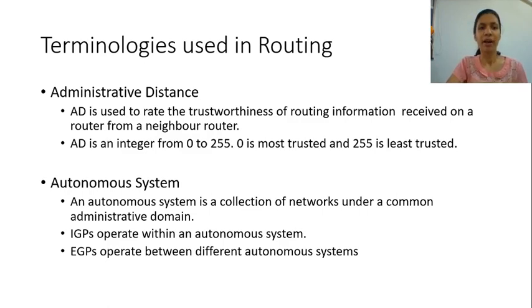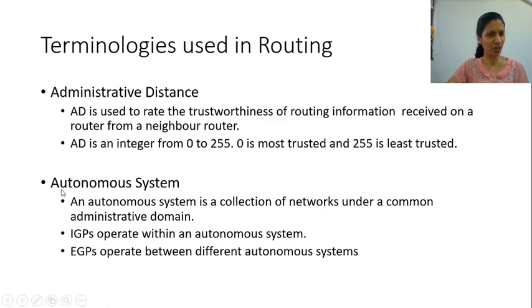If my router has received the route to network 1 from 2 routers, one of the routers has sent a static route and the other router has sent a RIP route, then in that case, my router is going to select the static route information. So that is where the administrative distance would be used in order to rate a particular route for its reliability.